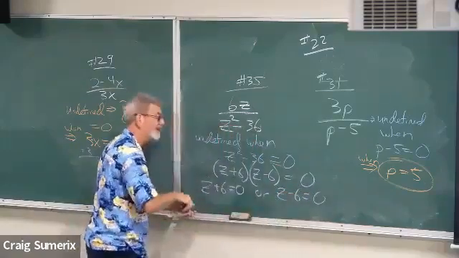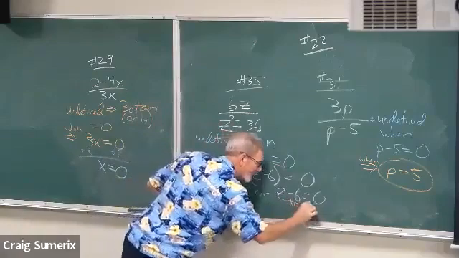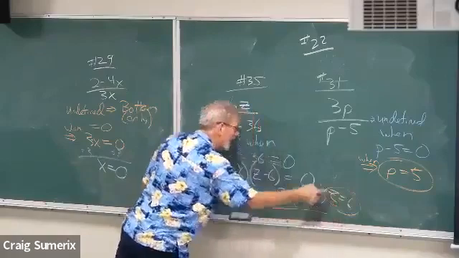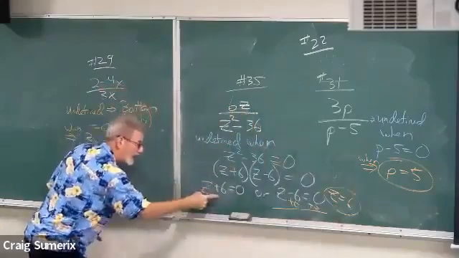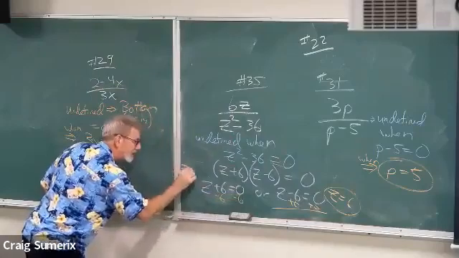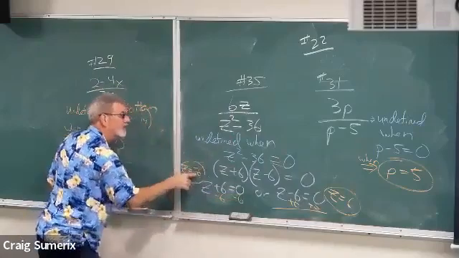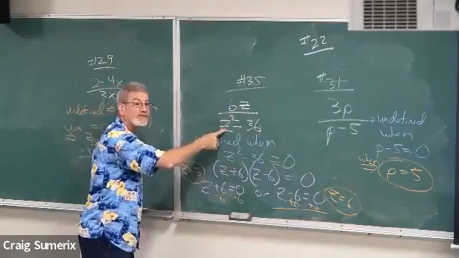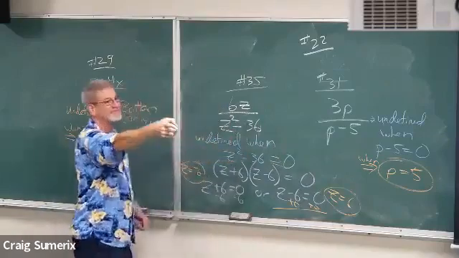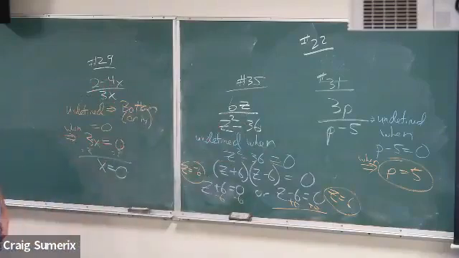Good. Over here, yes. When z equals 6, the bottom becomes 0. But when z equals negative 6, negative 6 times negative 6 is also 36. Don't get caught trying to take the shortcut.